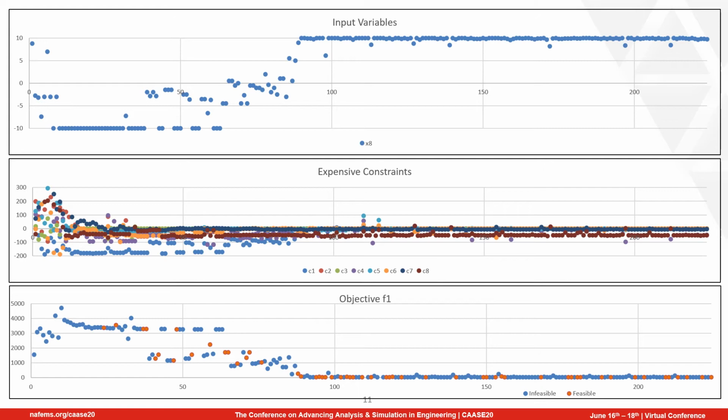And based on this inputs versus outputs, it is redirecting its search to the feasible region. And as the function evaluations are progressing, as you can see, the value of x8 is gradually moving from -10 to +10.